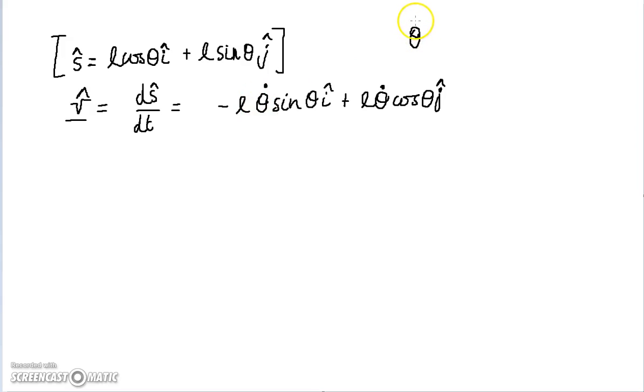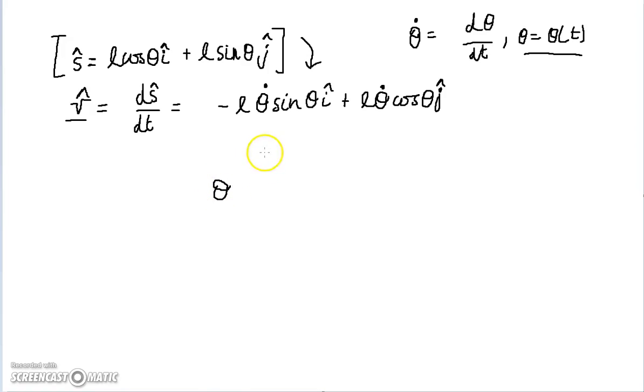The theta dot is just a way of writing d theta dt. Remember, theta is a function of t. It's not a constant angle. So theta dot is just this. And the way we've got this, really all we've done is use the chain rule. When we're differentiating L cosine theta, theta is a function of t, so by the chain rule we've got to differentiate the inside function and the outside function.